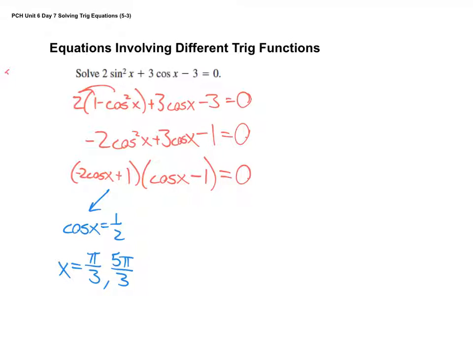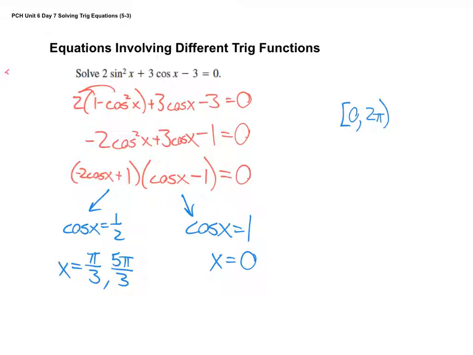Then we have our other possibility from this. You're right, cosine of x has to equal 1. So x would equal what? 0. Pi. Or 360. 0. Or you could do 2 pi. One thing to note on some of them, they had it written like this, 0 to 2 pi, and they'd put a parenthesis there, so you wouldn't have to put the 2 pi there.